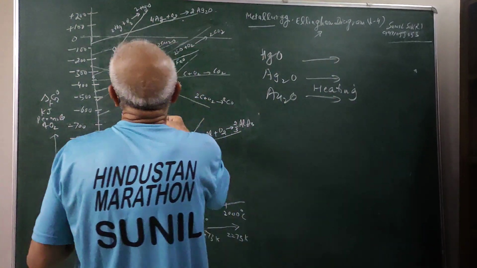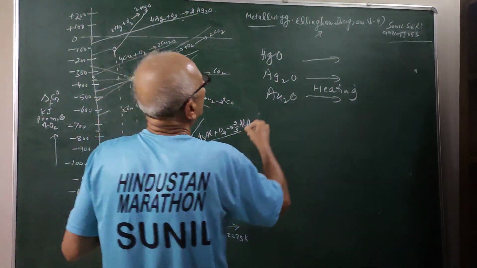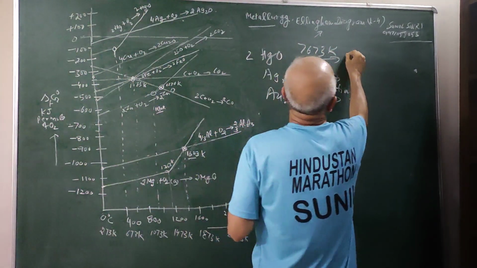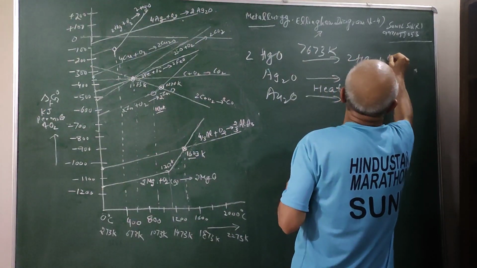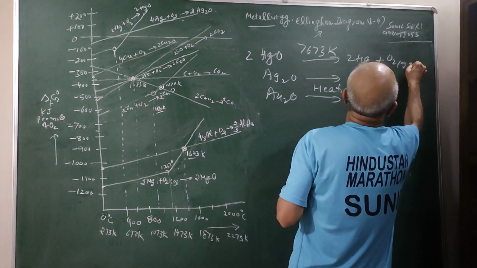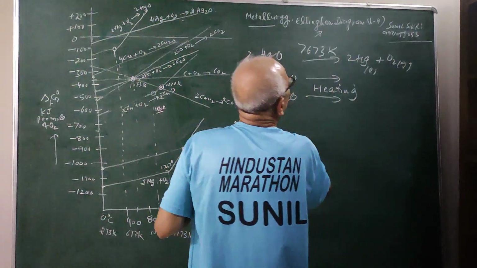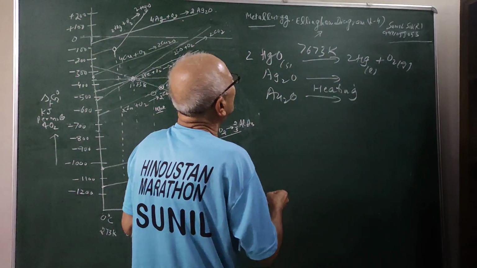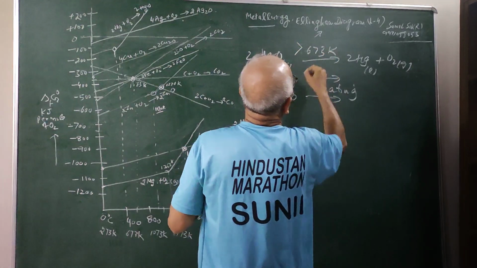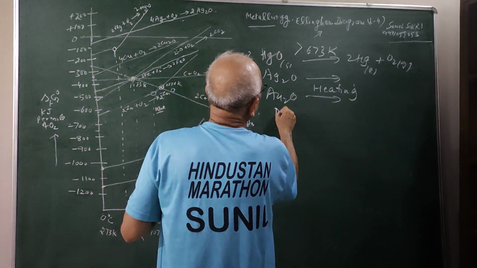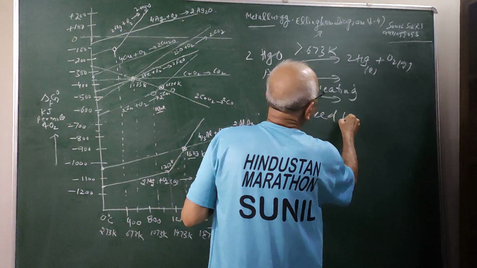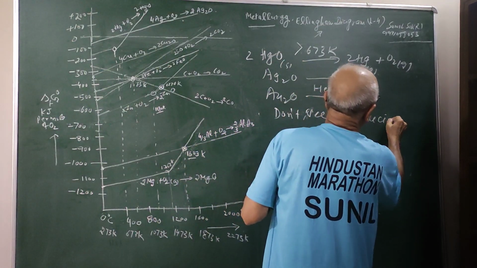For example, the HgO, above 673 Kelvin, will dissociate to give mercury and oxygen. So here mercury is a liquid, you know that. So this is a solid. You can dissociate it to get mercury. This temperature is around greater than 673 Kelvin. You don't need a reducing agent in this case.